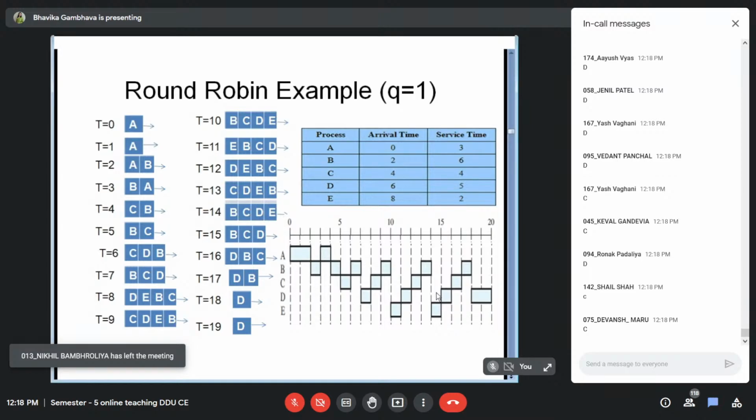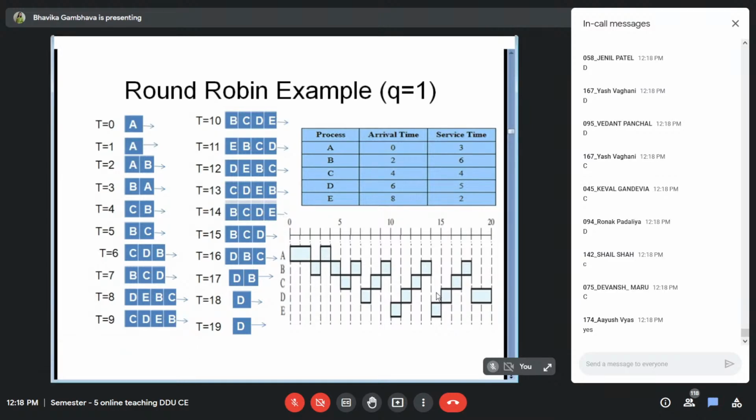If C is executed 4 times, then it will not come. If it is not completed, it will come. Anyway, I'm just trying to make one point: based on the arrival time and based on the queue, we are deciding which process will arrive. So this should be helpful to you.